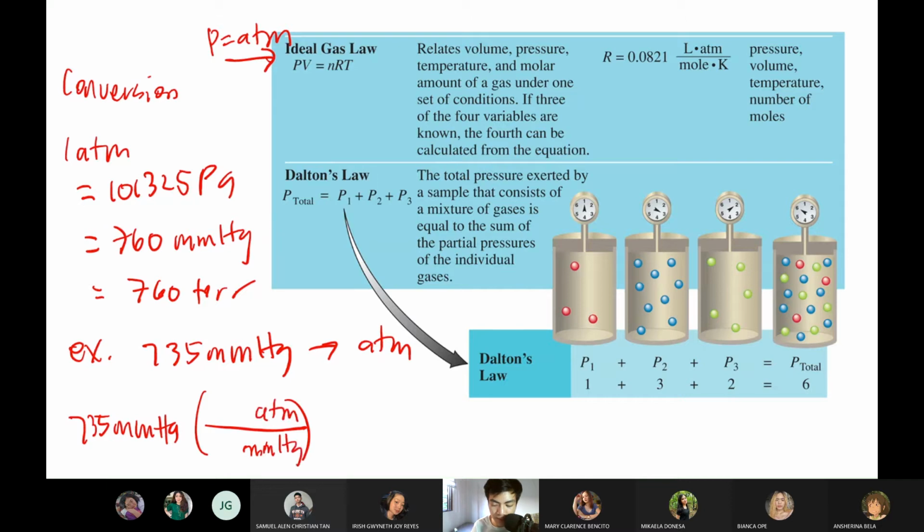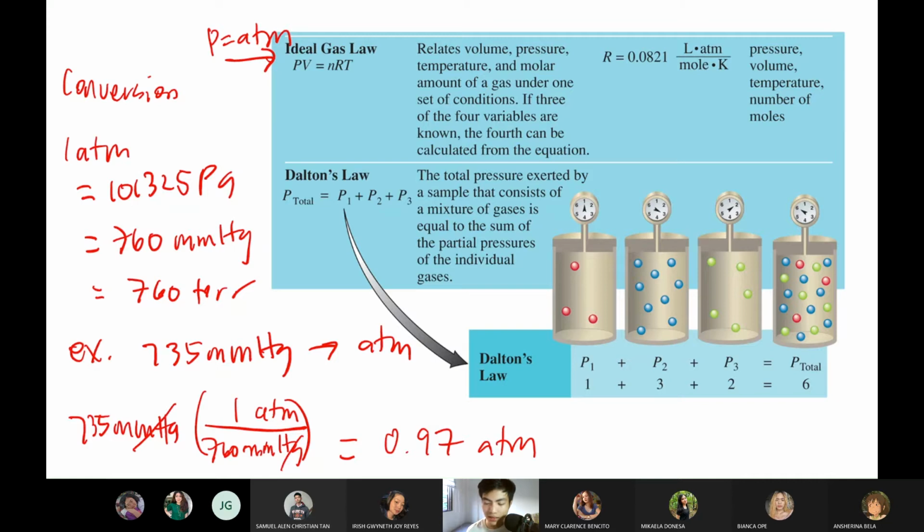Nasa taas yung ATM. 1 ATM equals 760 mmHg. So, the ATM equivalence of 735 mmHg is 0.97. Okay? So, ganun lang. And just in case lang na lumabas ibang pressure.